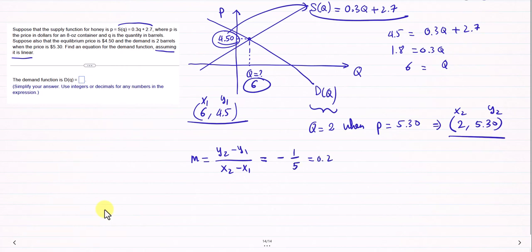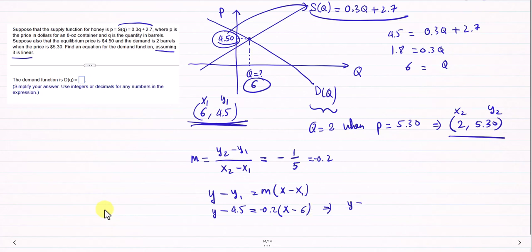And then to find the equation, we will use y minus y1 equals m times x minus x1. This is the point-slope formula. So we will plug in y1, which is 4.5, right here, and the slope, which we just got, minus 0.2, and x minus x1, where x1 is 6 in this case.